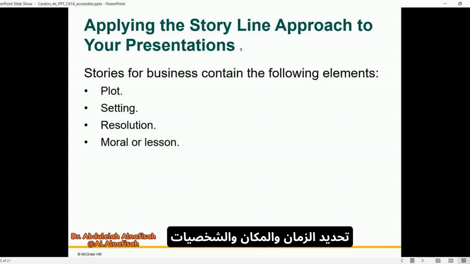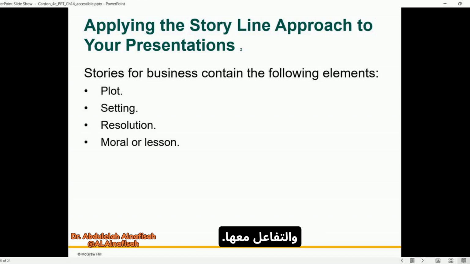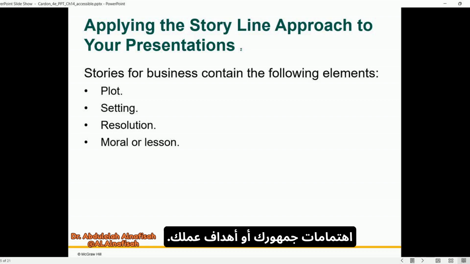Establish the time, place, characters, and context to provide a backdrop for the story, making it relatable and grounded. Resolution. Present a solution that addresses the challenges faced, showing how obstacles were overcome. Moral or lesson. Conclude with a takeaway that resonates with your audience's interests or business goals.